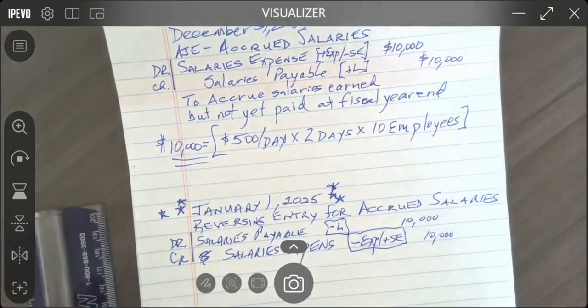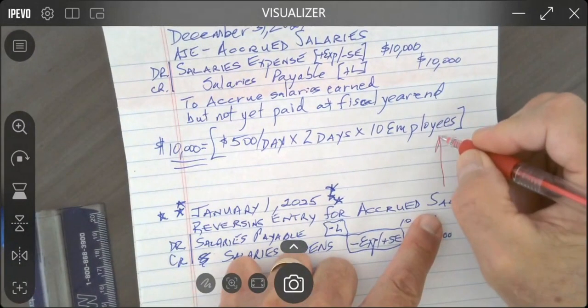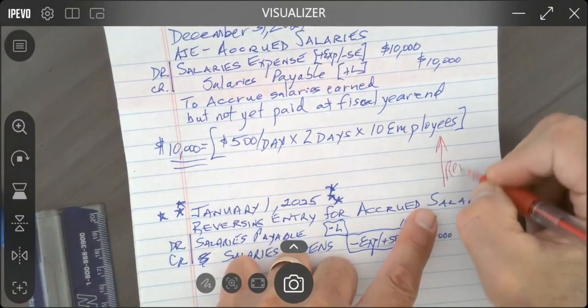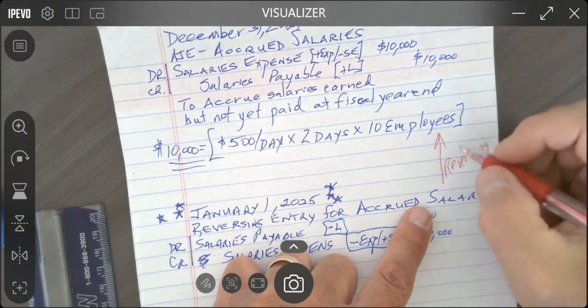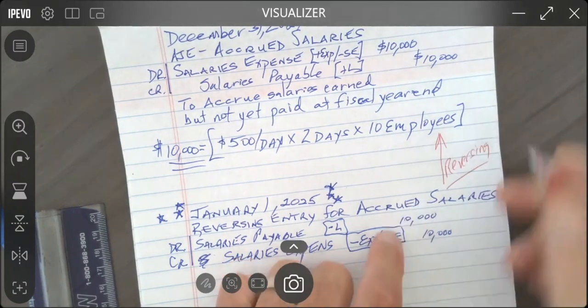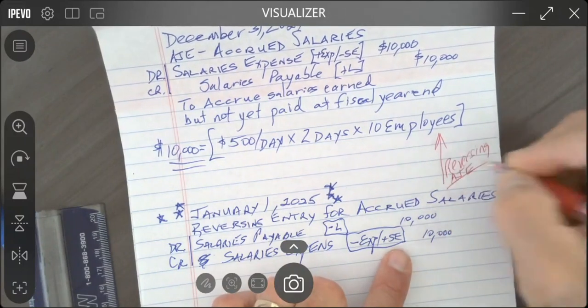And again, we are simply reversing the adjusting journal entry we made. Okay.